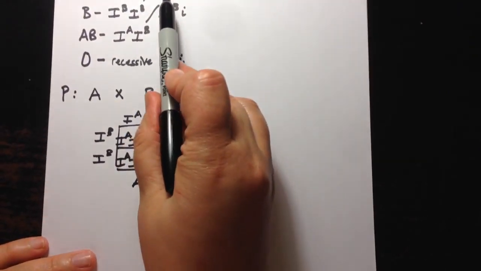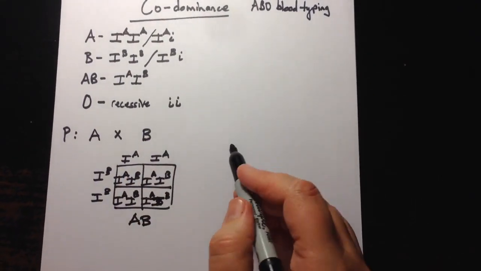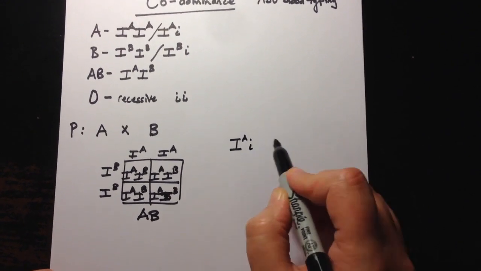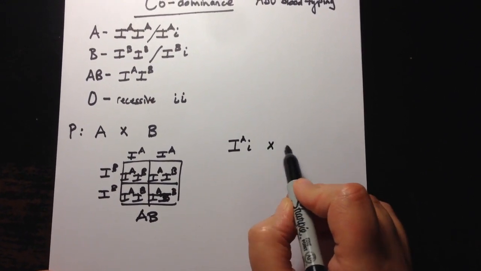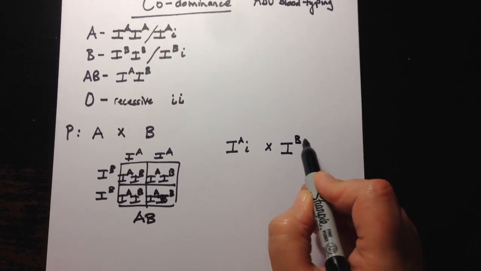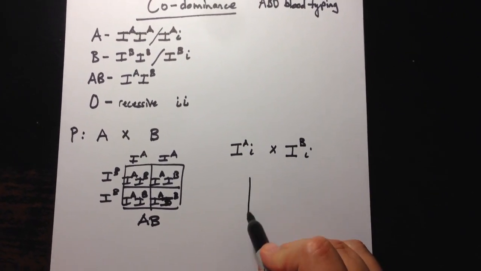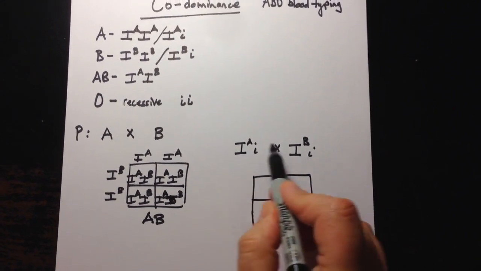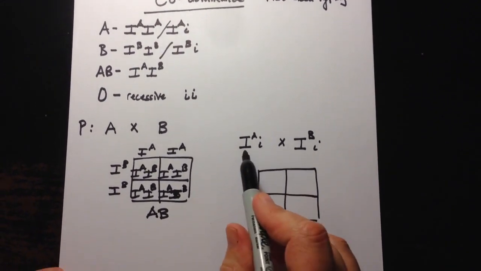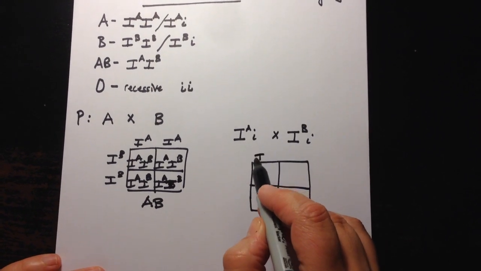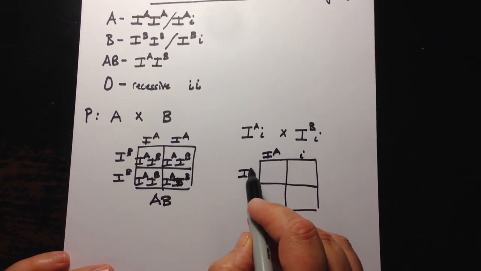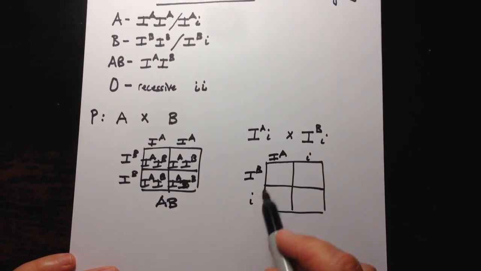But now if we consider these other genotypes, what if we have this kind of type A blood crossed with this type of type B blood? Let's look at that scenario. So we're looking at the two heterozygous types of A and B blood. So we're going to put those alleles here for the two parents, and now we do the same thing.